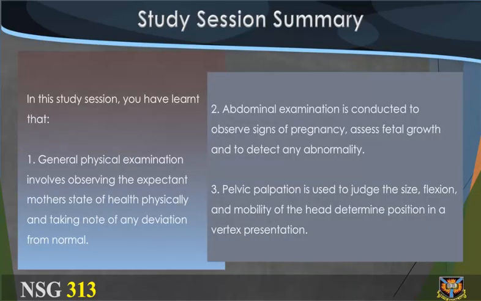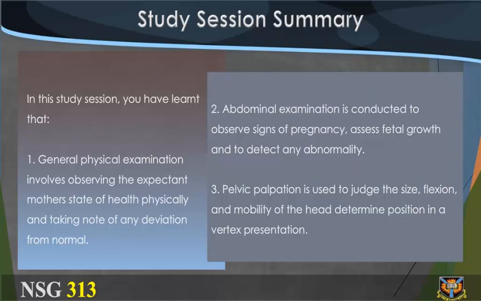Study section summary. In this study section, you have learned that 1. General physical examination involves observing the expectant mother's state of health physically and taking note of any deviation from normal. 2.